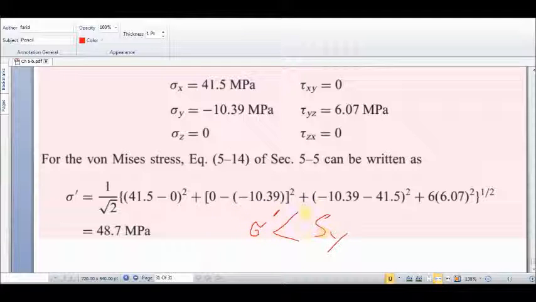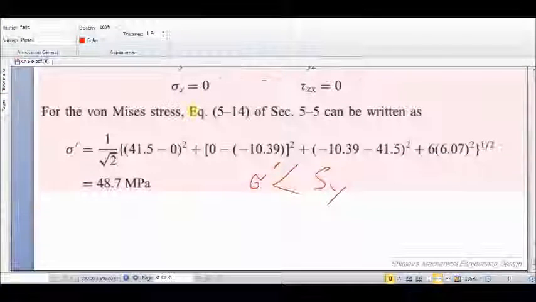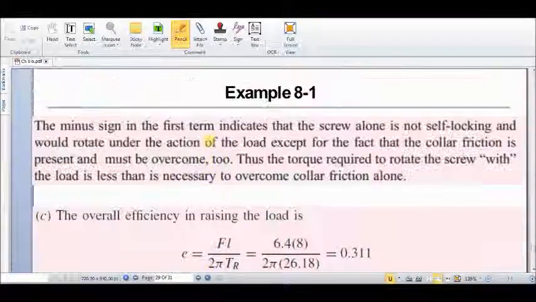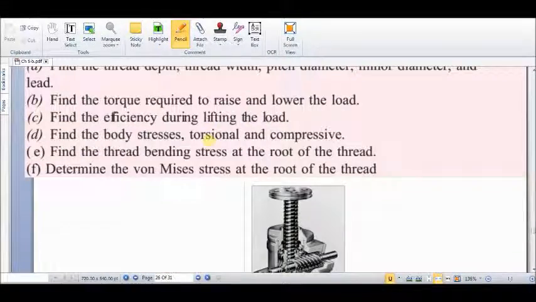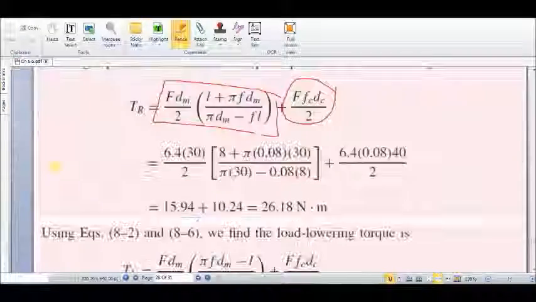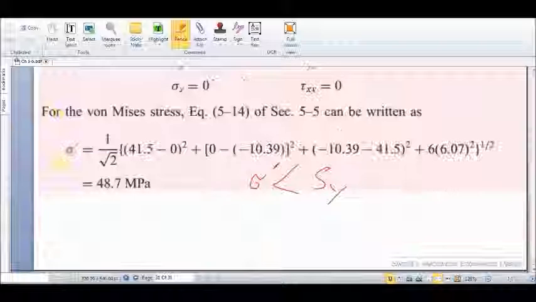If this value exceeds the yield strength of the power screw material, then definitely we will see bending or deformation at the root of the first thread, which is not desirable. Okay, in the next part we are required to, okay, I think it's over because we already found the von Mises stress at the root of the thread. Yeah, this is the end of the problem.